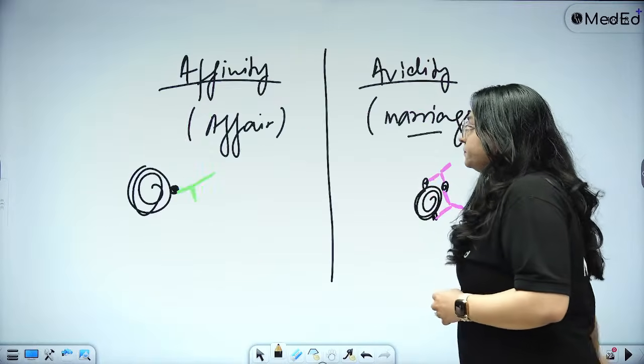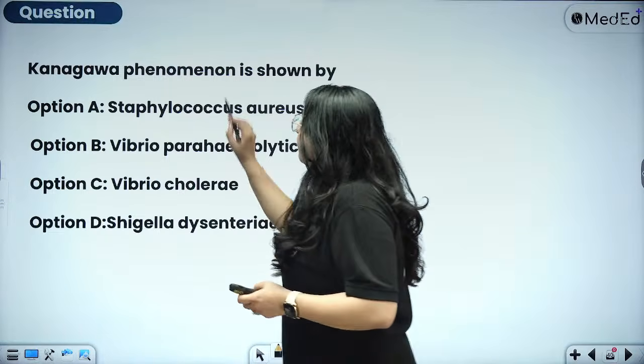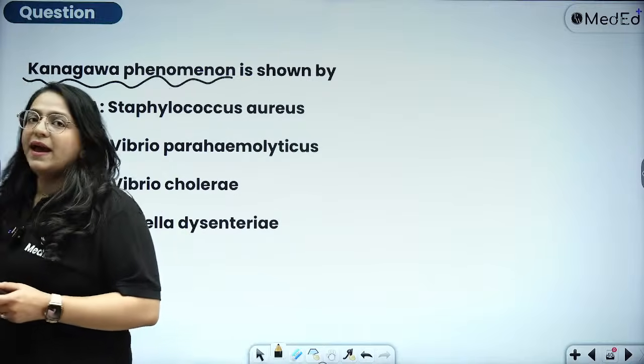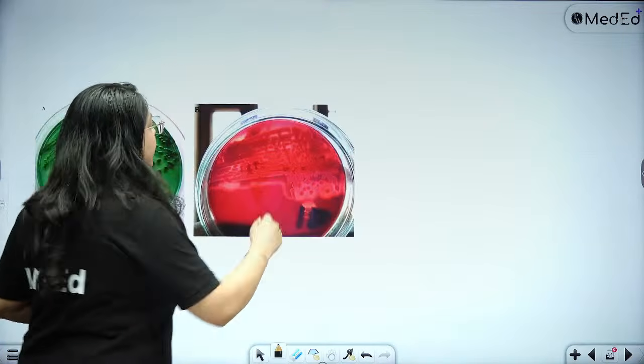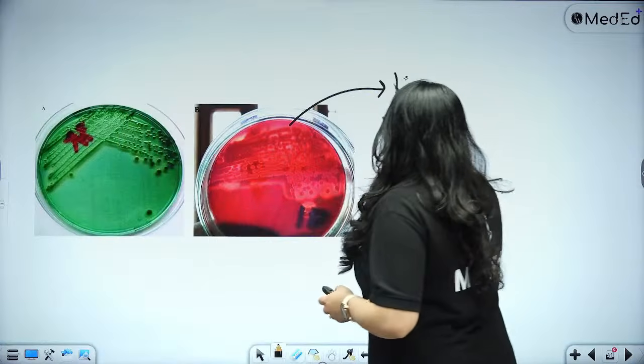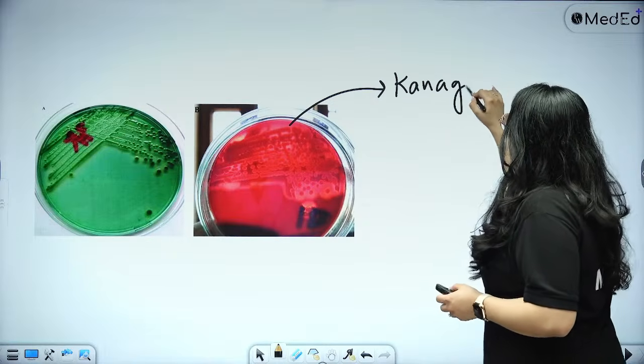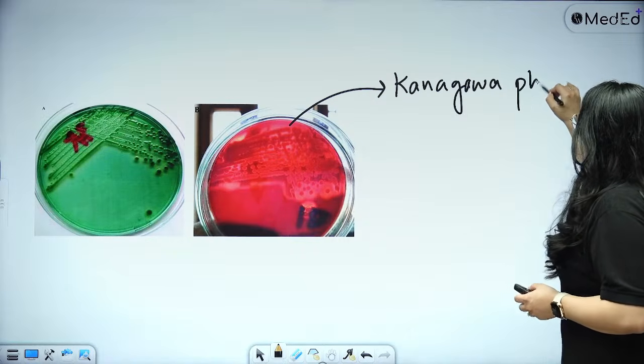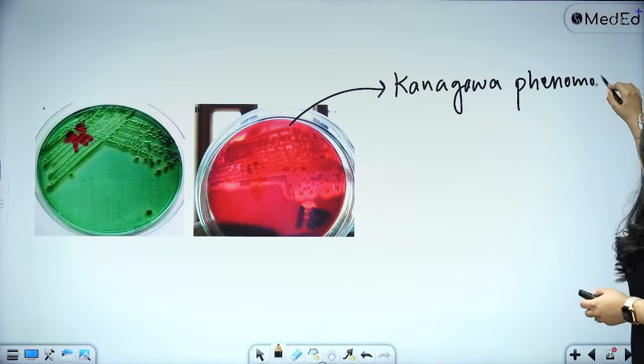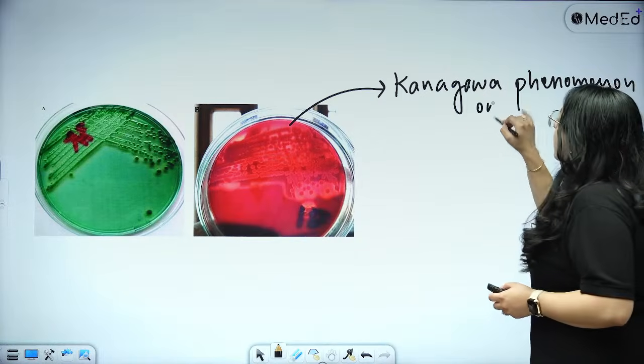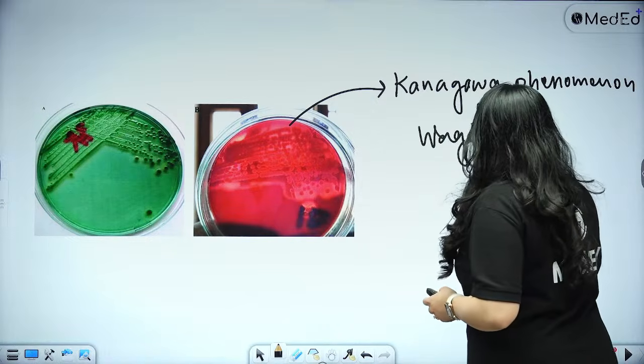Great. Okay. Kanagawa phenomenon is shown by Kanagawa phenomenon on Vagatsuma agar. This is the agar.